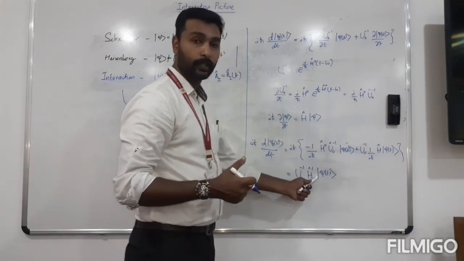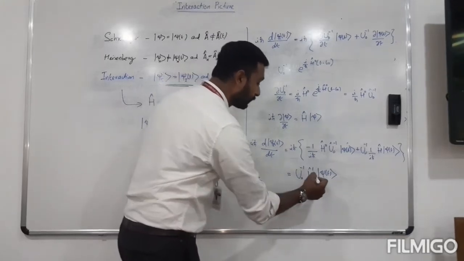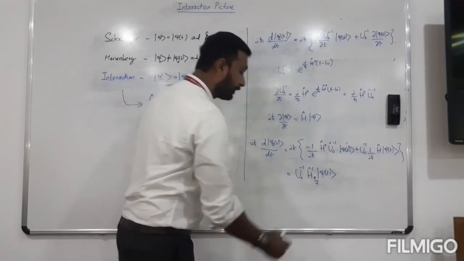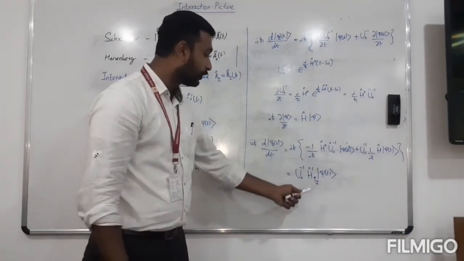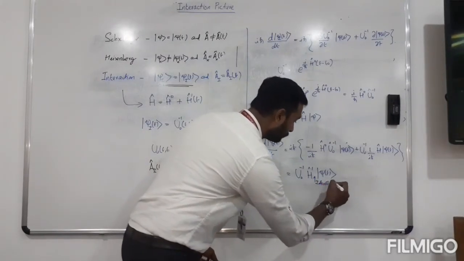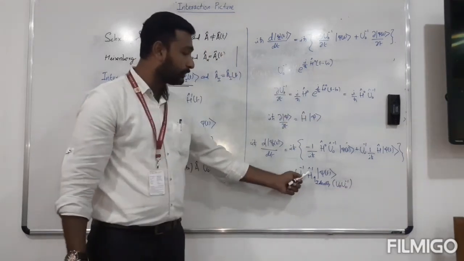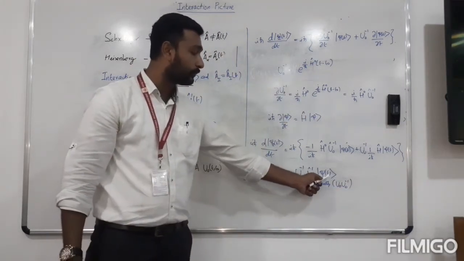Okay, now the last step, what I will do is I will introduce a U0 and U0 inverse here. The product of U0 and U0 inverse is the identity operator. So I will introduce an identity operator here. And if you introduce such an identity operator, what would happen is it becomes U0 inverse H prime U0 and U0 inverse psi.